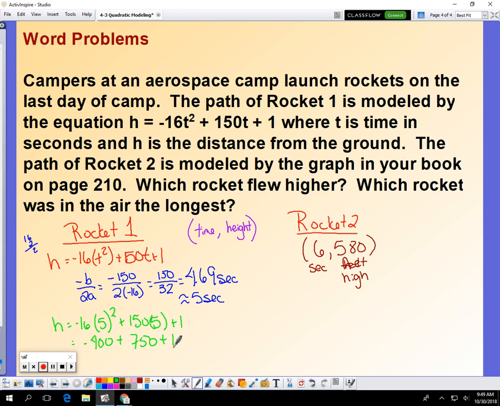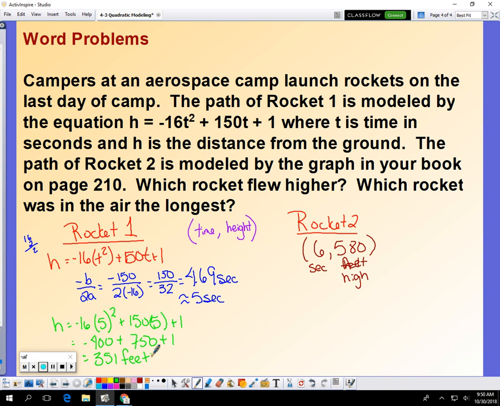We take 750 minus 400, add a 1 to that, and we have 351 feet. So rocket 1 only goes 351 feet. At its highest point, it's 351.